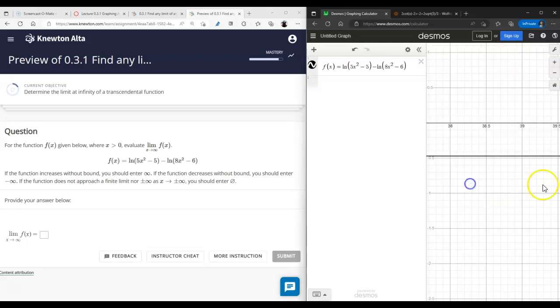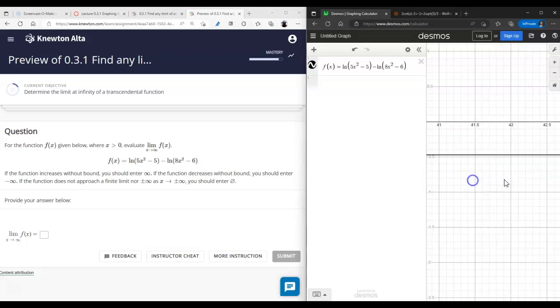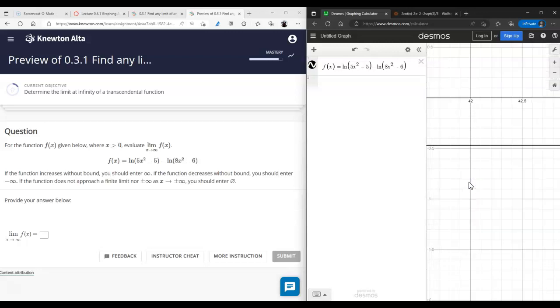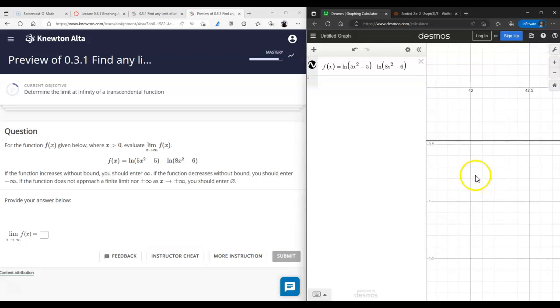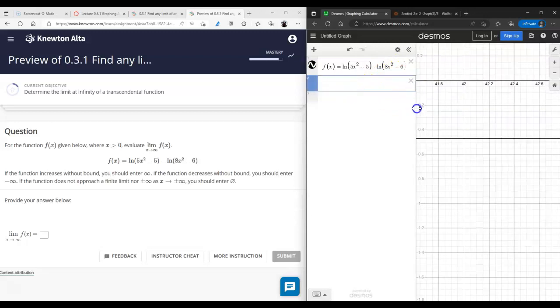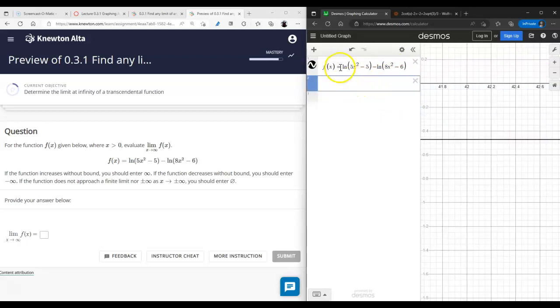So it could be that it is some logarithm of something that is close to -1/2. So we may have to use some analytical skills here.